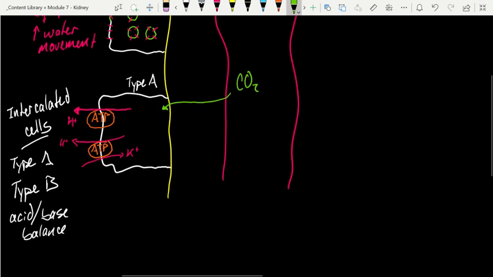Once in here, carbon dioxide will bind with water to generate H+ and HCO3-, bicarb ion. This is just the standard bicarb buffer equation. If CO2 is high, then that's going to drive this reaction, and we're going to have increased levels of H+ and HCO3-. The H+, of course, is just going to be pumped out here and here.